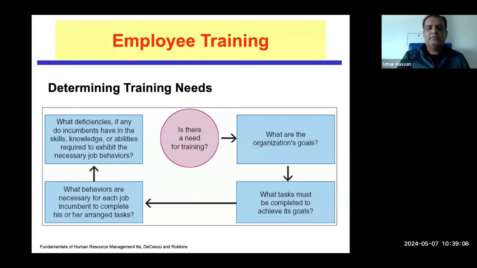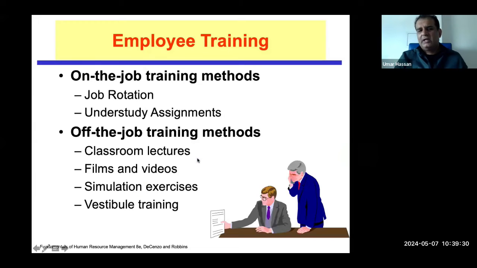The managers, the peers, and the HR department should know what the strengths and weaknesses of the employees are. So, in order to address those weaknesses, which are directly related to their core job and to achieving the organizational goals, the company would want to initiate training needs.